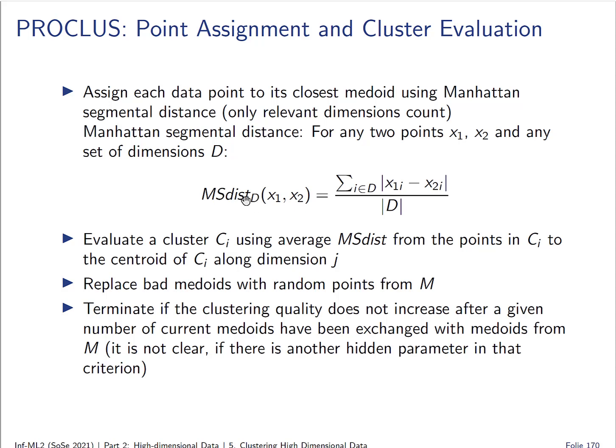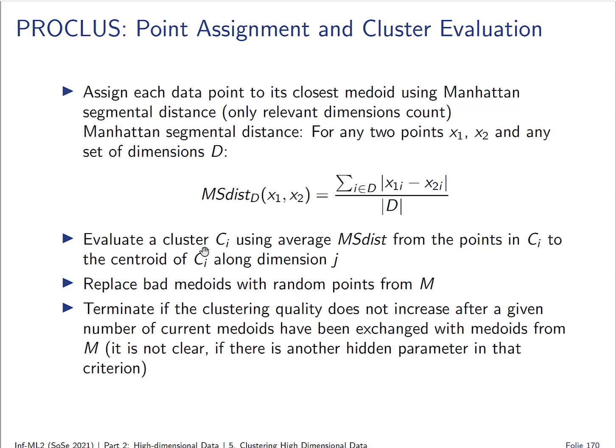D is the set of dimensions, which can be different for different medoids, of course. So that we get comparable distances for the assignment of points, we normalize the Manhattan distance by the number of dimensions used in the computation.